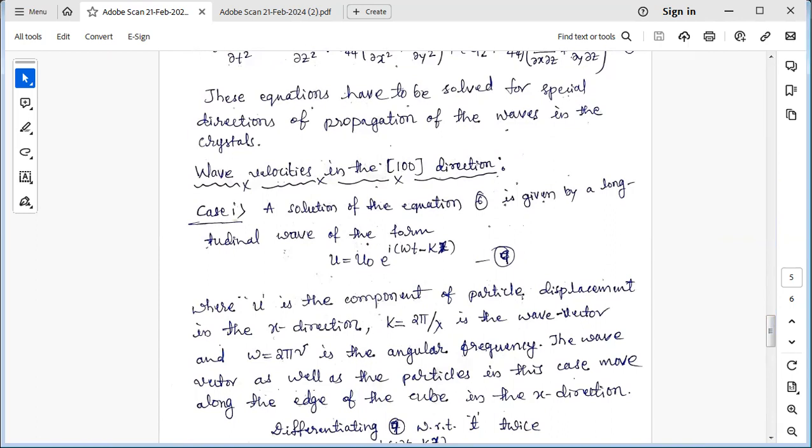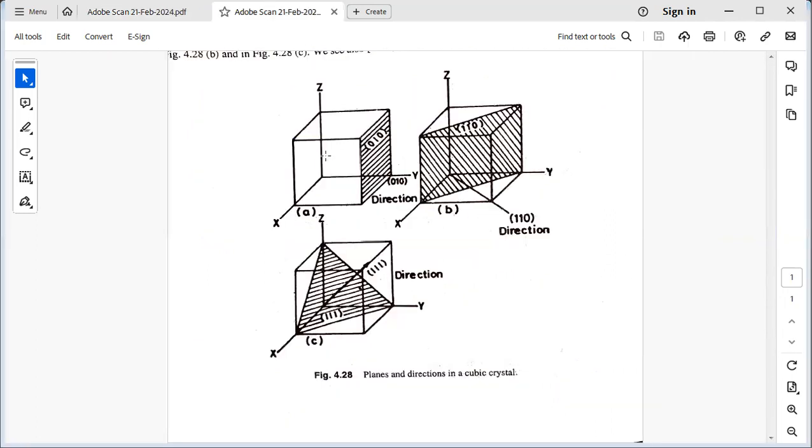You see, these are the crystal directions. I already explained in one of my sessions. So along the x-axis is the 100 direction. Y means the 010 direction, and Z means the 001 direction. So these are called the crystal directions.